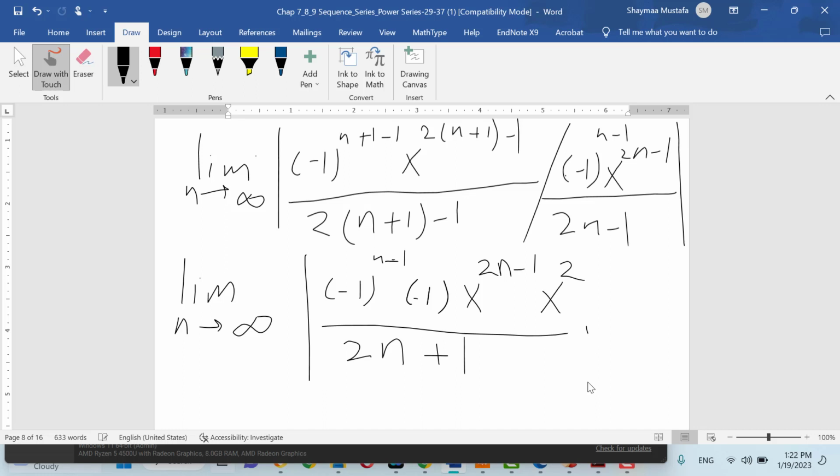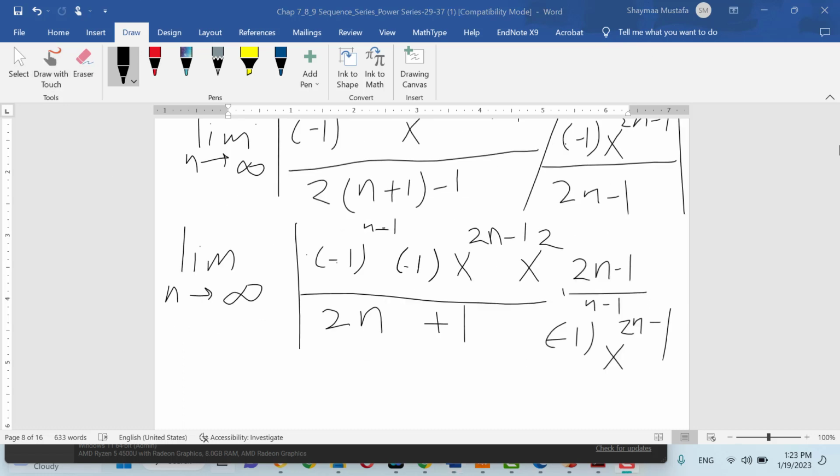I change the division to multiplication and flip the second fraction, so 2n minus 1 goes on top, and minus 1 to the power n minus 1 times x to the power 2n minus 1 goes below.